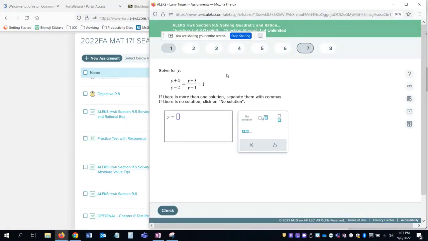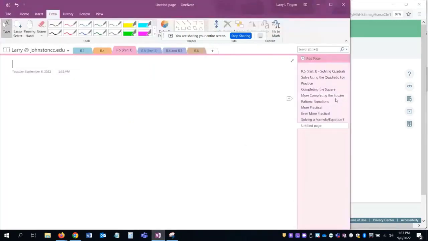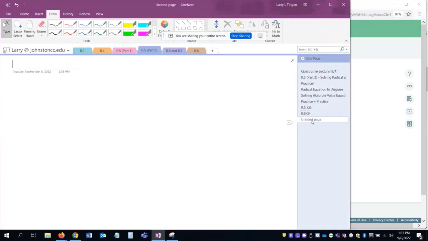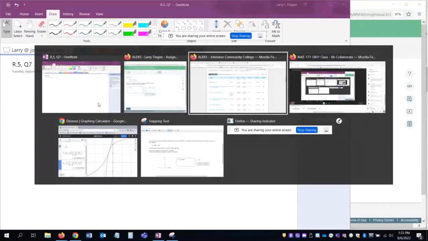Same game. So this is very similar to when we did the earlier one. I'm actually going to, instead of putting that page over here, put it in this new one. This is R.5 Q7. I'll set it up and then you'll have access to it. I may not finish it all the way out.